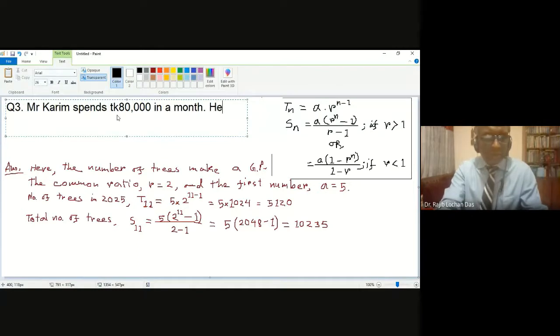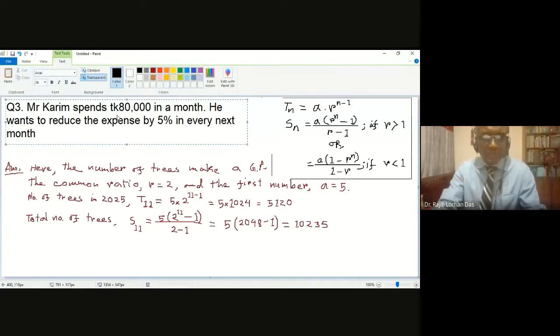He wants to reduce the expense by 5% in every next month.